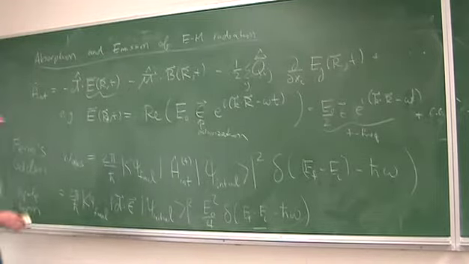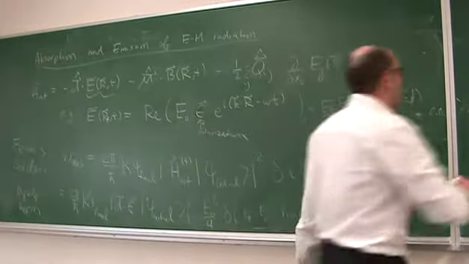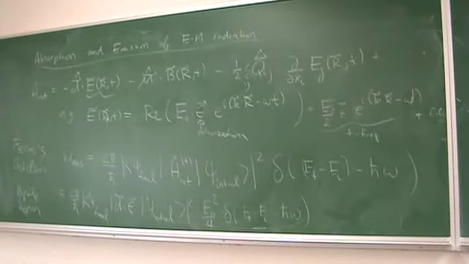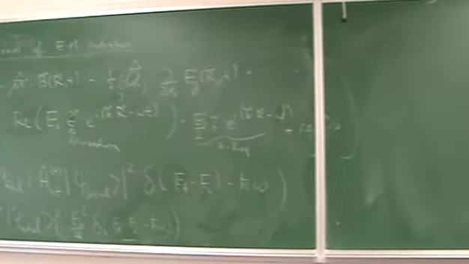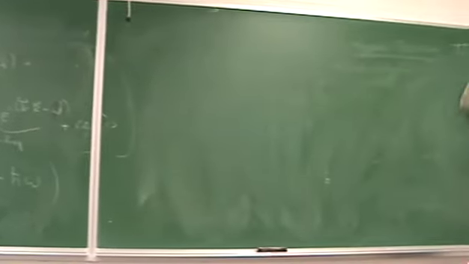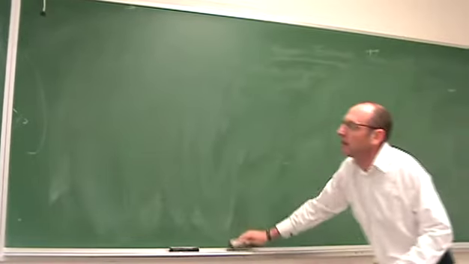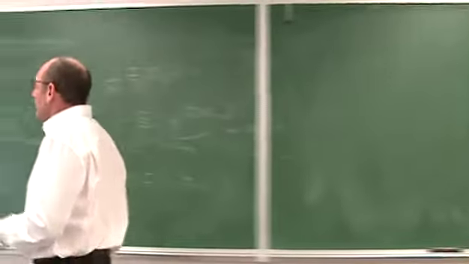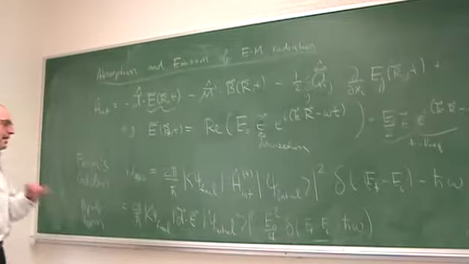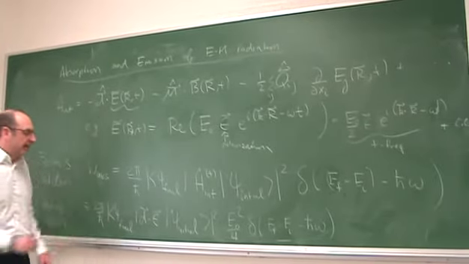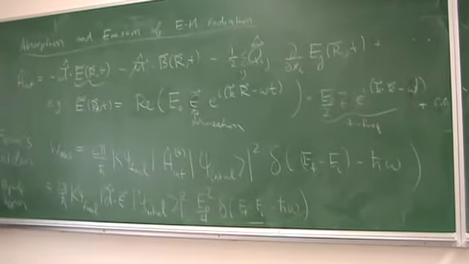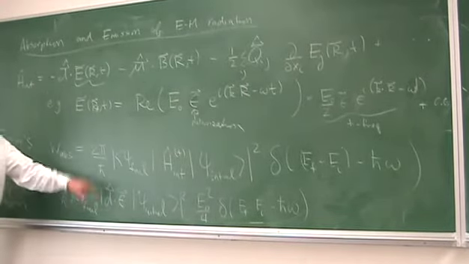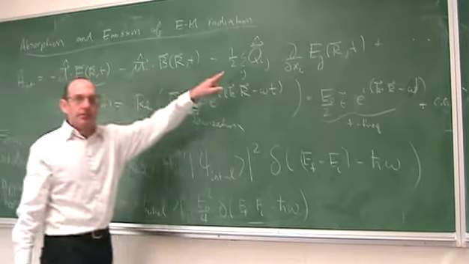So, what can we see here? Well, the transition rate, the absorption rate, depends on these matrix elements. It depends on the matrix elements associated with these moments of the charge distribution.